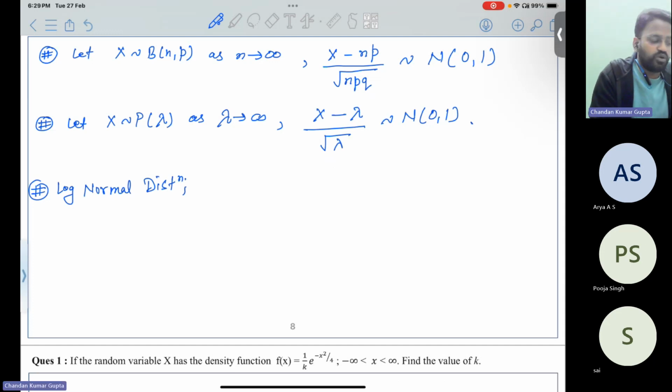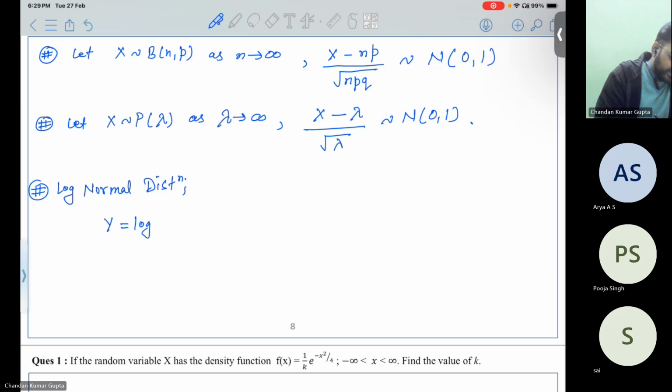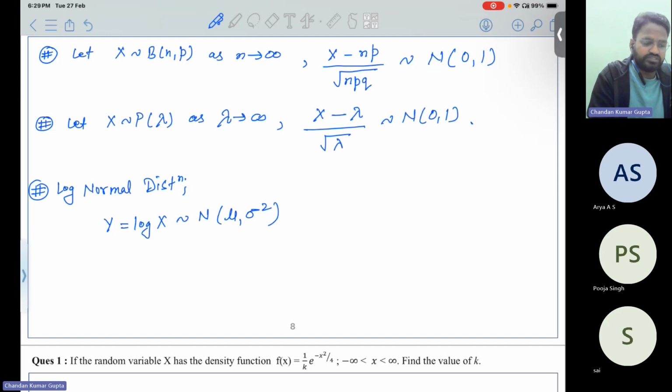The definition for log normal distribution is like this. Suppose y, which is equal to log x, follows normal distribution with mean mu and variance sigma square. That is, suppose a random variable y is normally distributed with mean mu and variance sigma square.